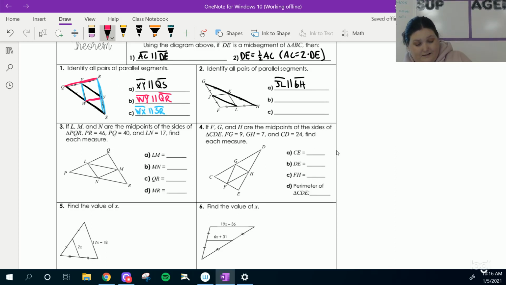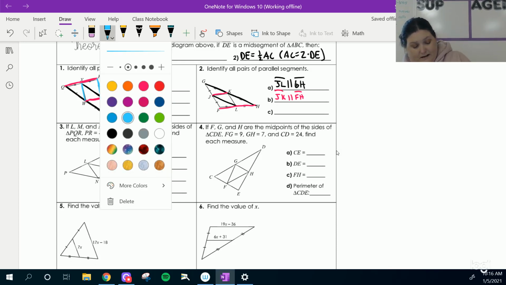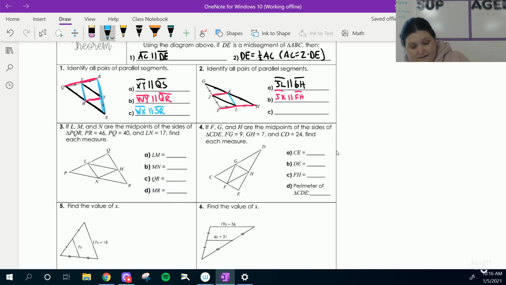Next one is JK is parallel to FH. And last one is KL is parallel to GF.